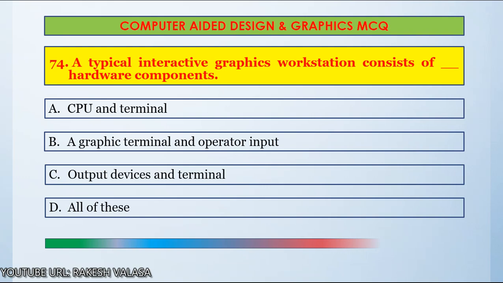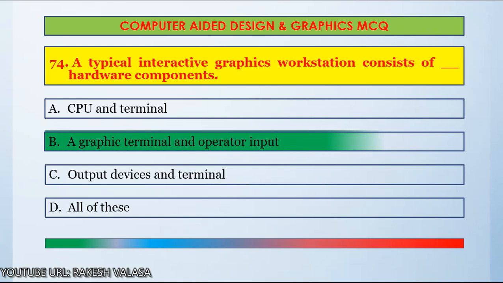If you know the answer, please post in comment section. Time up. The answer is a graphic terminal and operator input. A typical interactive graphics workstation consists of a graphic terminal and operator input hardware components.